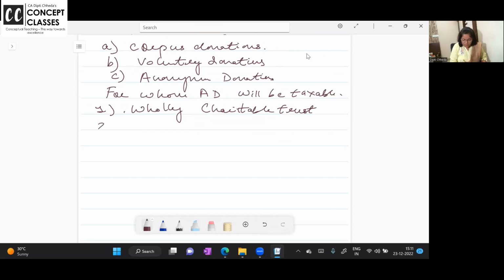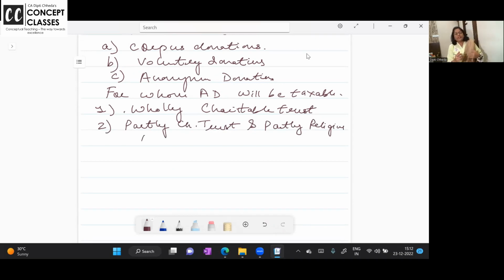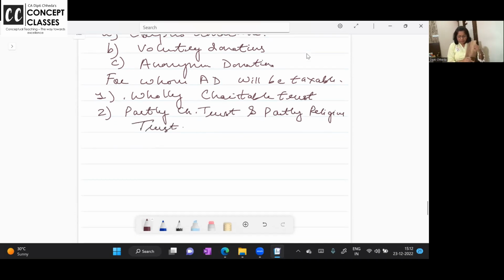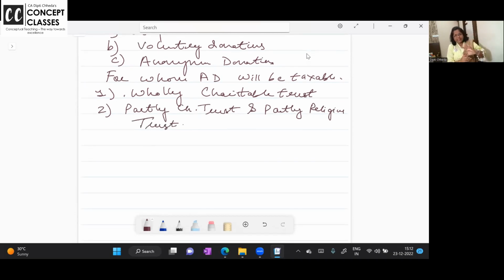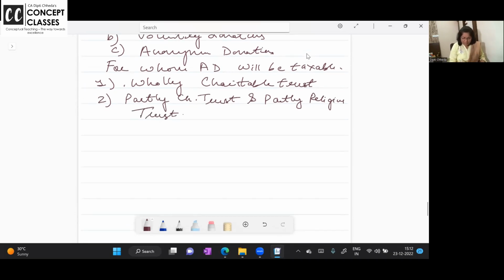Now, partly charitable trust and partly religious trust. For example, we have Ramakrishna Math and all. They do spiritual activities also, and they have a bookstore also, and they teach courses also. So partly it is religious, partly it is a charitable trust.